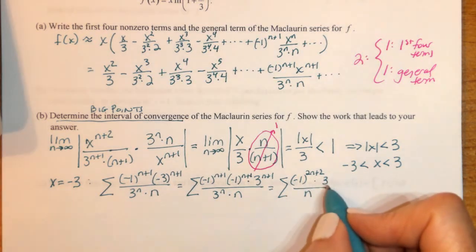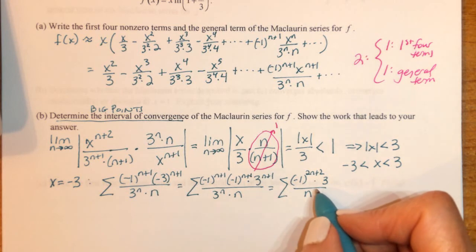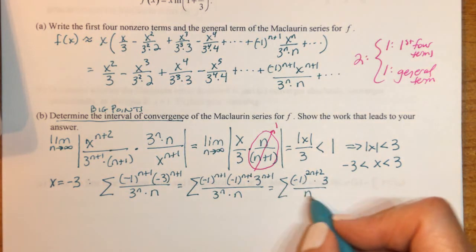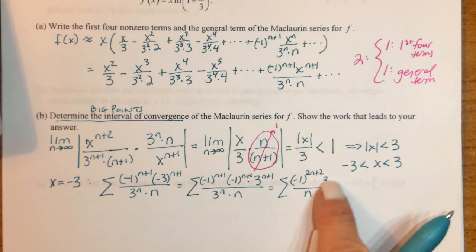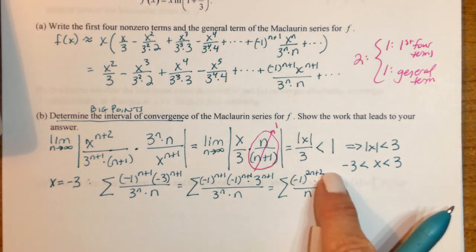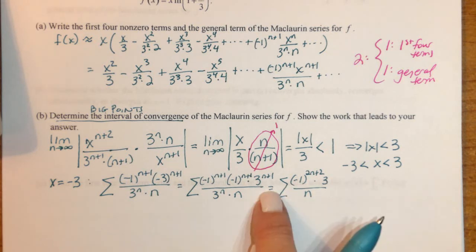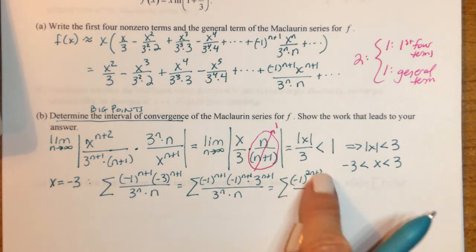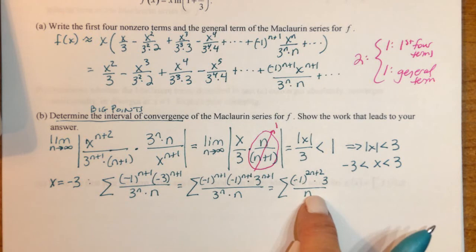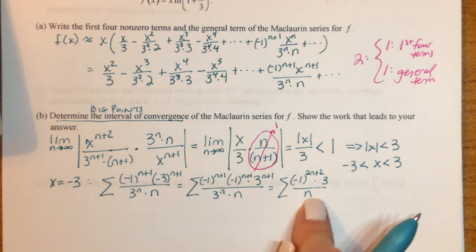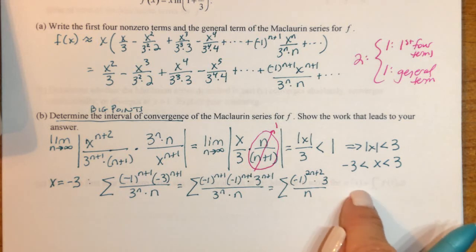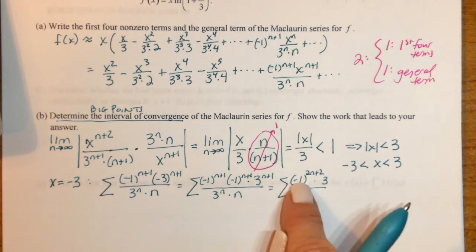Now this 3 is not going to affect the convergence or divergence of the series, because there's no n associated with it. It's not a 3 to the n, it's just a 3. We could, in fact, take it outside of the sigma, right? Now, I examine this because I need to determine if this is alternating or not. Since there's just an n in the bottom, this is either going to converge or diverge depending on if we're alternating or not.